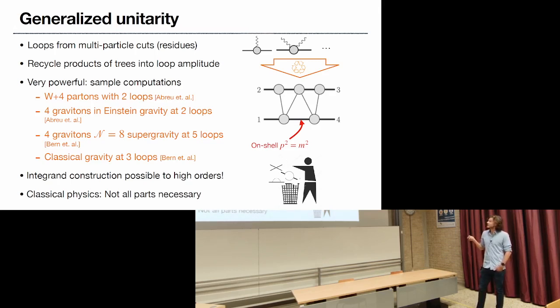And this is done by the method of generalized unitarity, basically constructing an integrand from the residues. And so if we are very good at computing tree-level amplitudes, we are also very good at computing loop-level amplitudes. And this has been shown to be very efficient and in many different contexts. For example, in supergravity up to the 5 loop orders.